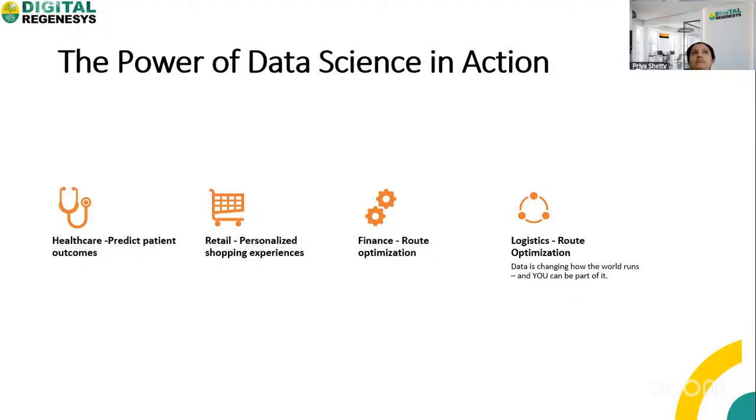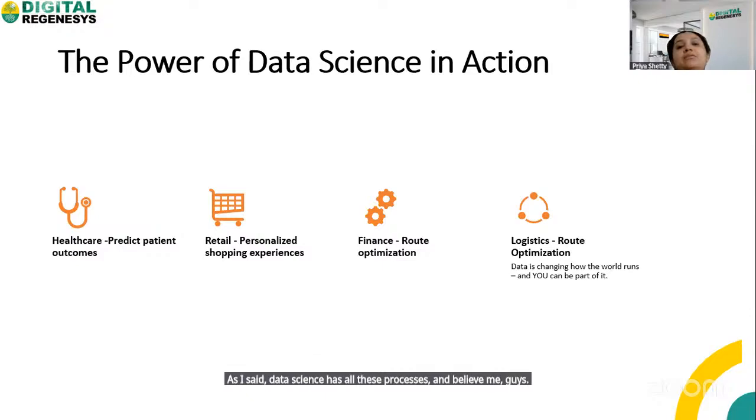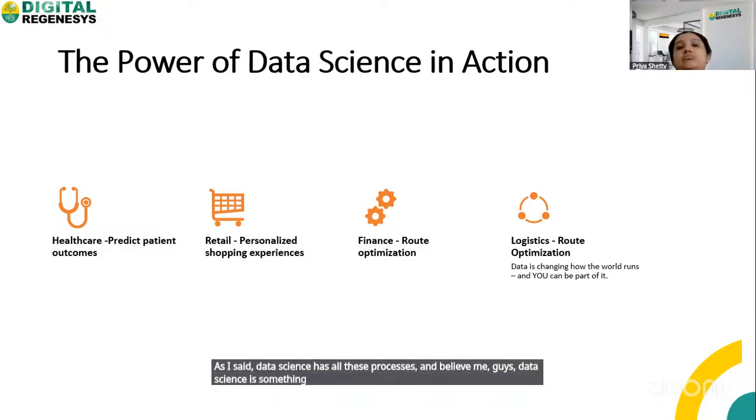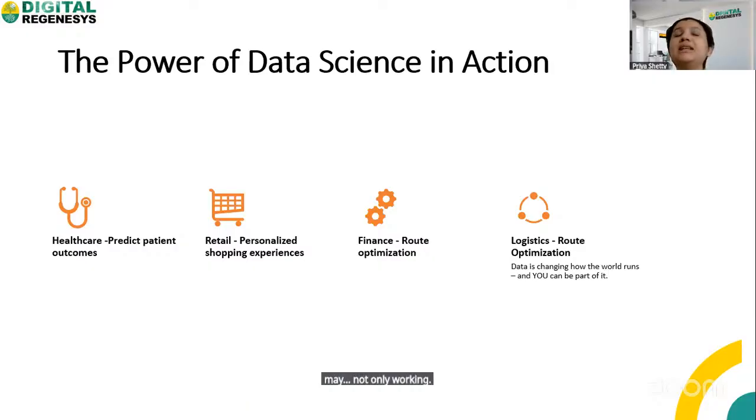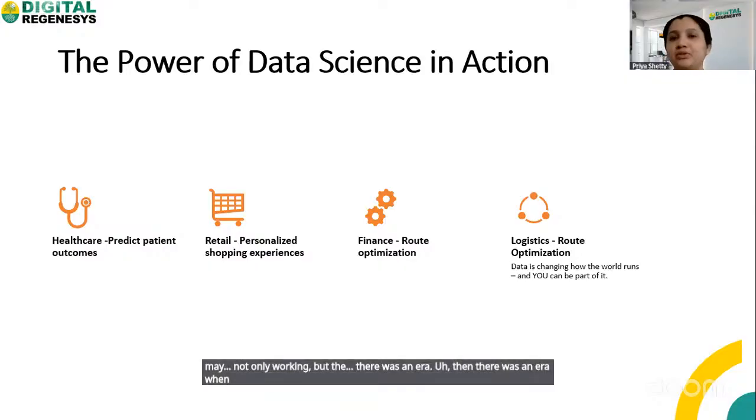As I said, data science has all this process, and believe me, guys, data science is just making a lot of difference in the way people work. There was an era when computers came into the picture. It completely changed the way people used to work.